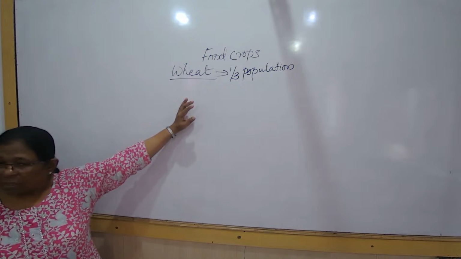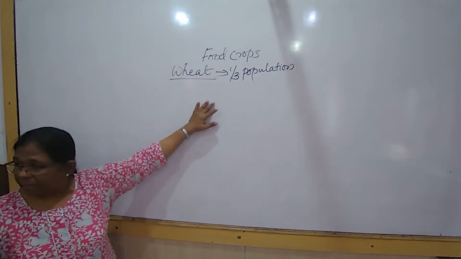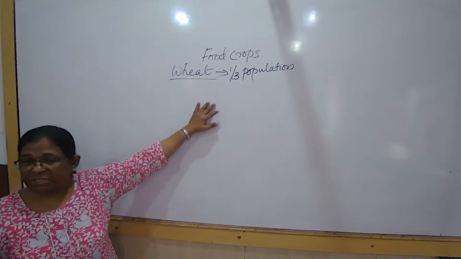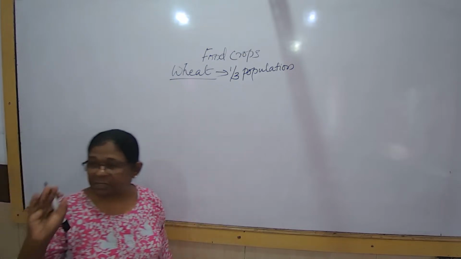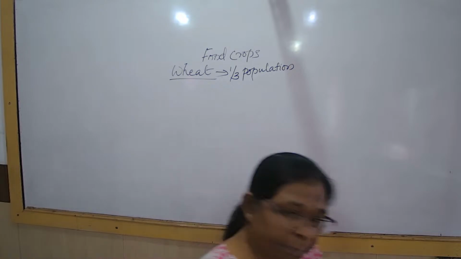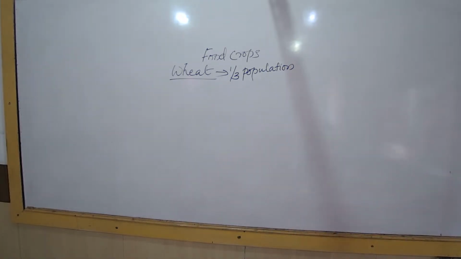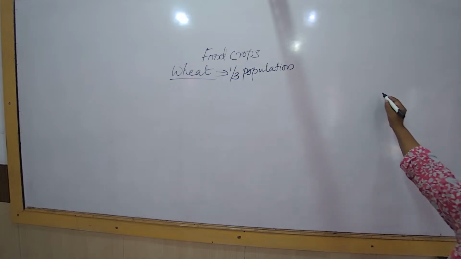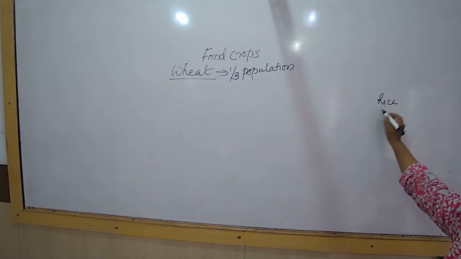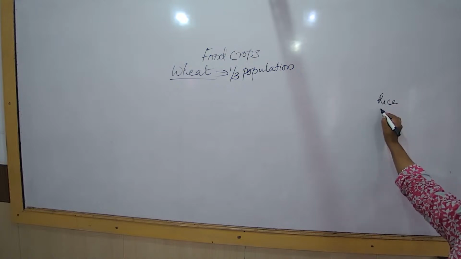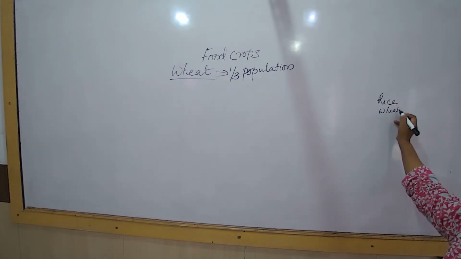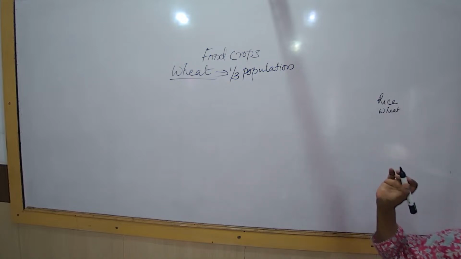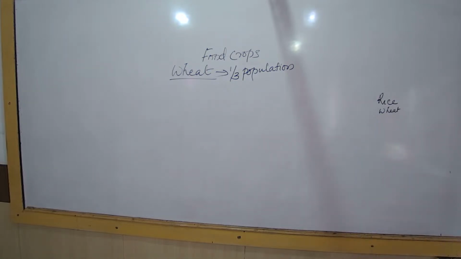Not about India, in world population 1/3 population's main staple food is wheat. Now, in India, rice is the main food, and then second place is wheat. Got it? Yes. Rice is the staple food in India.